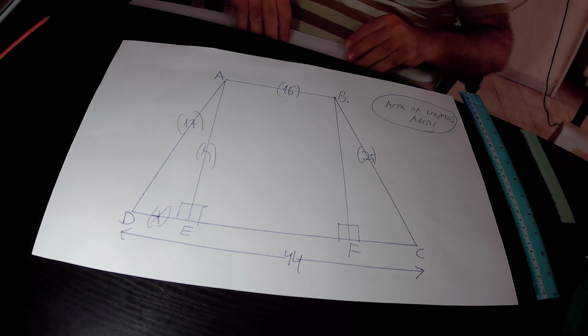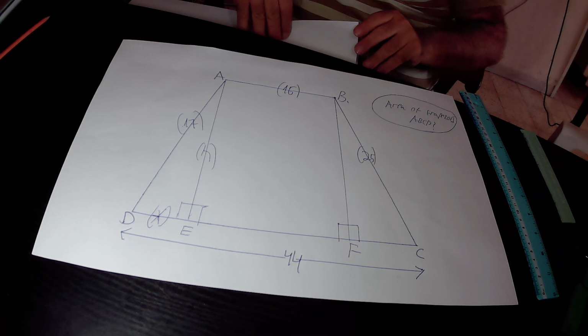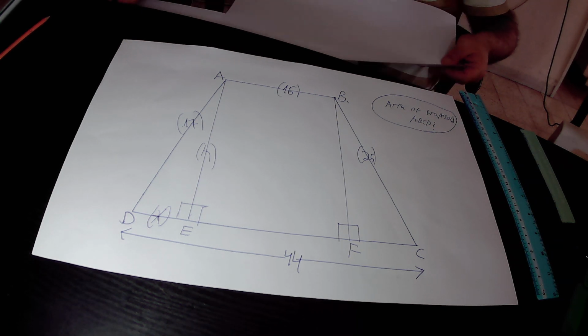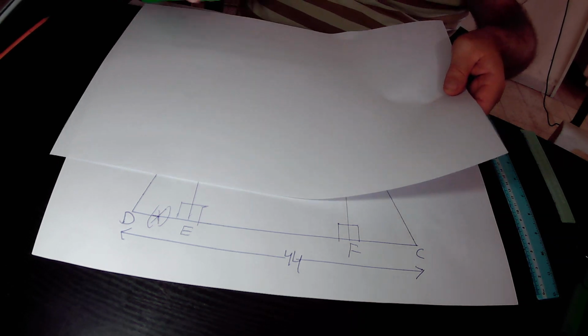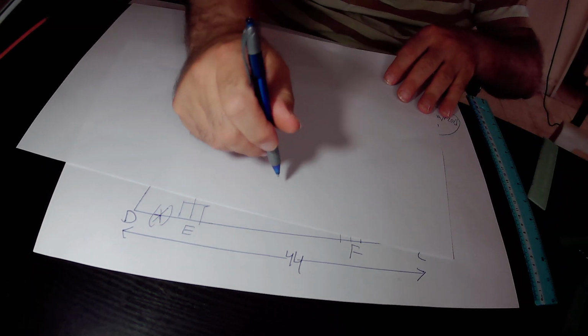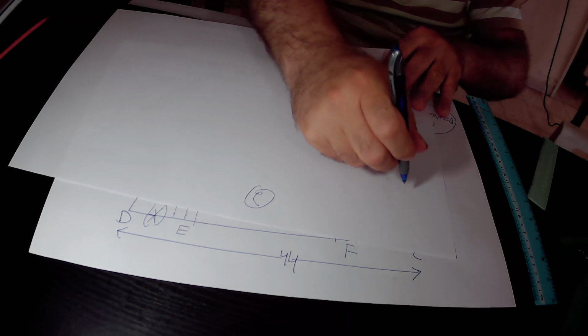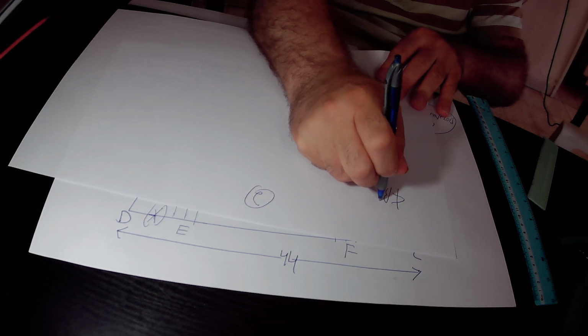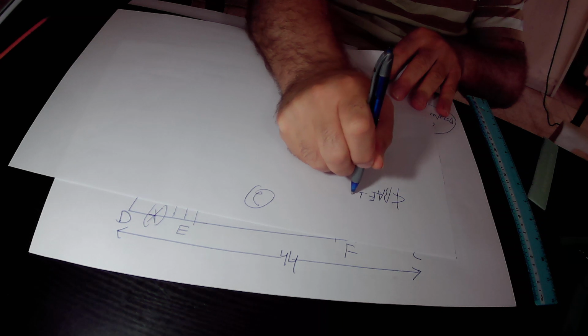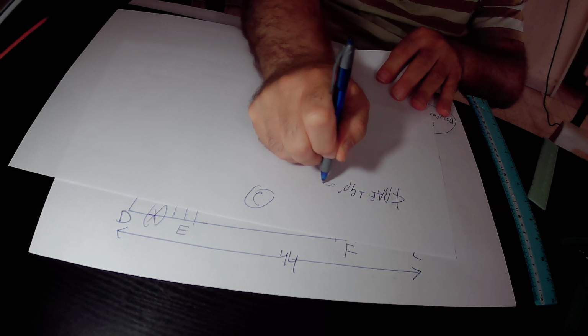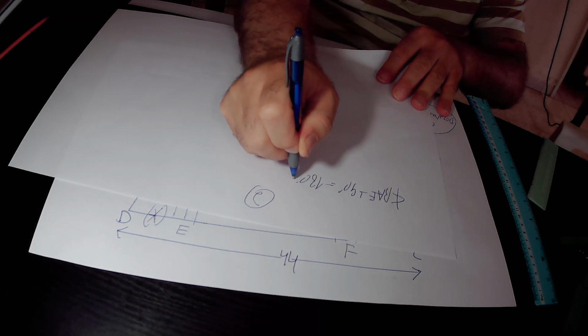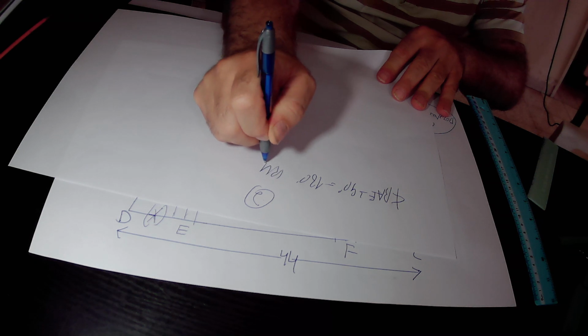So I'll write it down. The missing angle BAE plus the right angle, in total they must be equal to 180 degrees according to rule 16.